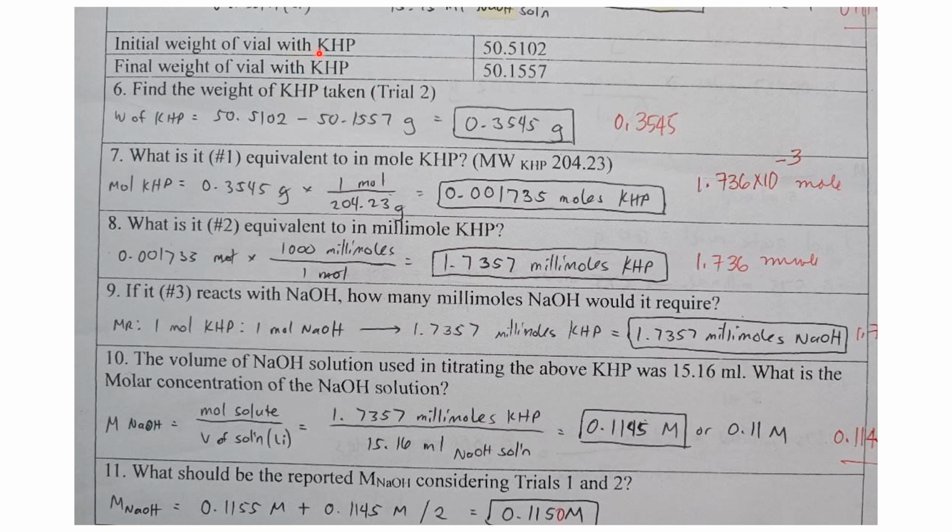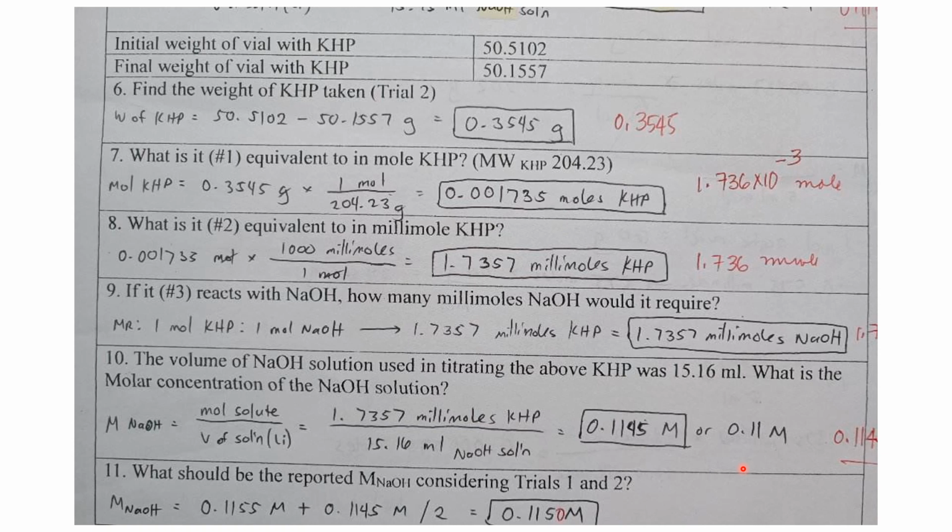Okay, meron ulit initial weight, meron ulit final weight. You obtain the mass, convert to mole, convert to millimole, 1:1 relationship. You have the volume of sodium hydroxide. You simply divide millimoles of sodium hydroxide by the volume. You obtain another value for molar concentration.